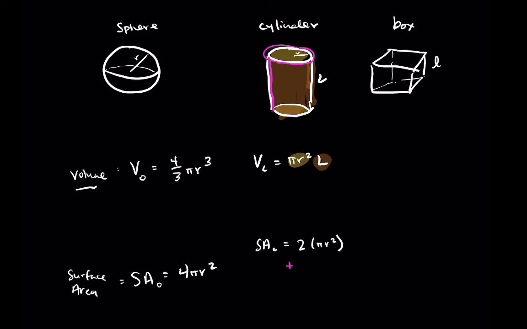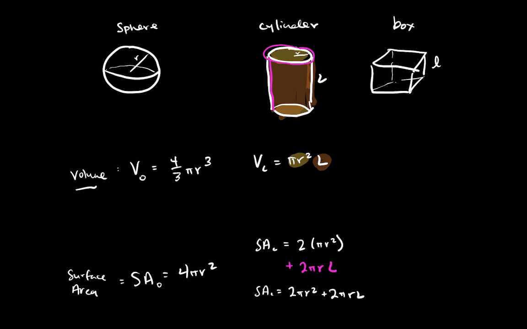So we just need to add on plus 2 pi r, that's the base, right? That's the length of a circle, times L. So when you write this all out, the surface area of your cylinder is going to be 2 pi r squared plus 2 pi r L. And we're going to use parts of this depending on what the problem is, okay? But it's important to sort of know that.